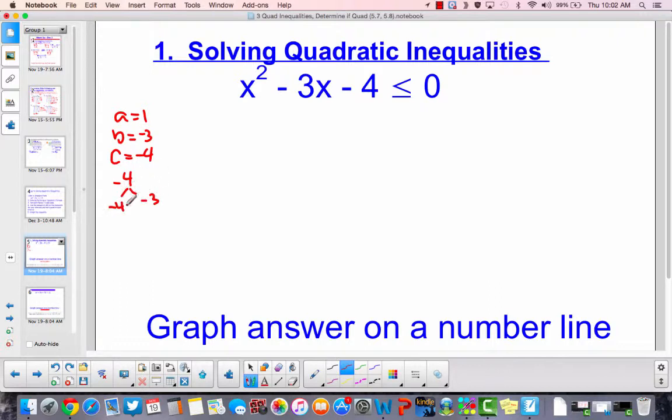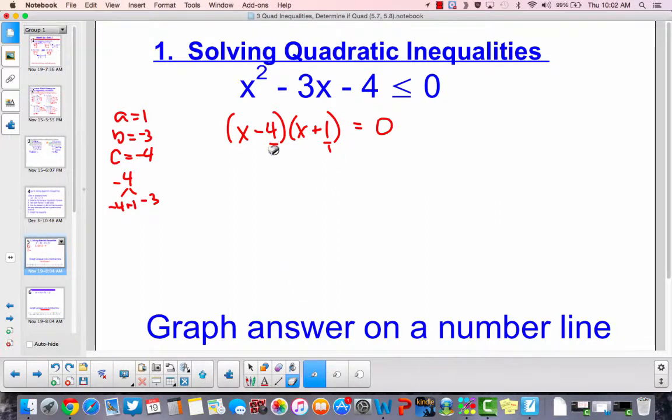Well, negative 4 and a positive 1 will do that. So this is going to factor into x minus 4, x plus 1, and we're going to think about it as being equal to 0. We're going to use that for right now, and then we'll go back and we'll test our inequality. Okay. Now, I did this the British method, so I should divide by a, but a is 1, so it doesn't impact anything. So I'm not going to rewrite that. I'm just going to erase those.